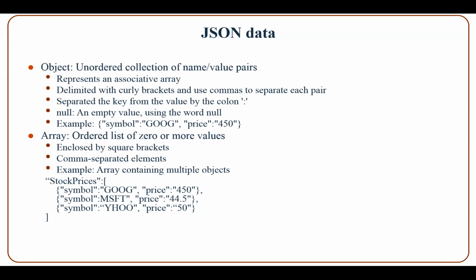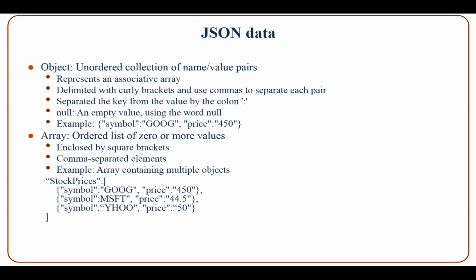An object represents an associative array, is delimited with curly brackets, and uses commas to separate each pair. The keys are separated from the values by a colon. Null is an empty value.